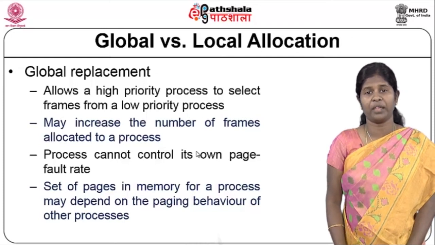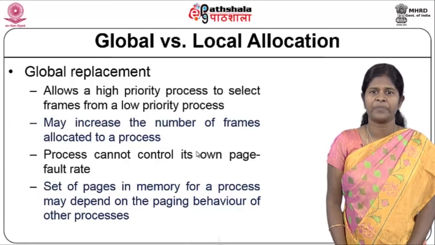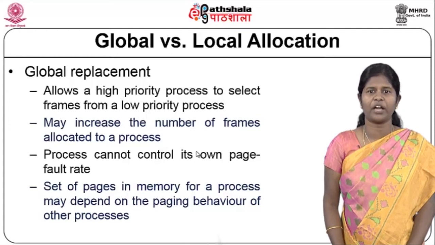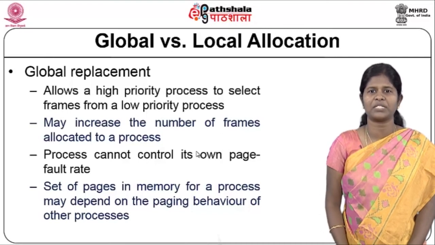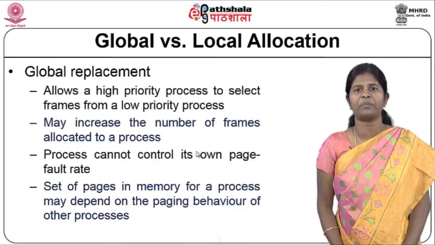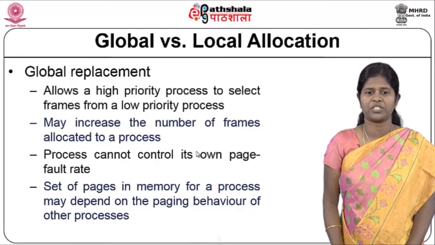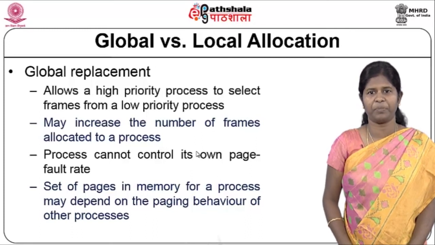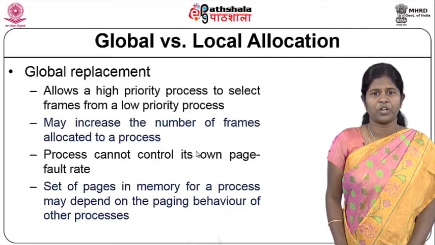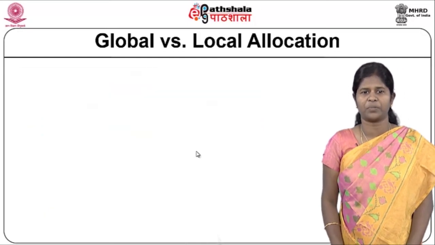So, even if the low priority process does not have many page faults, if a high priority process has more page faults, it will pick pages from the low priority process, and hence the low priority process will lose pages. So, the paging behavior of one process will affect the set of pages that are available for the other process.